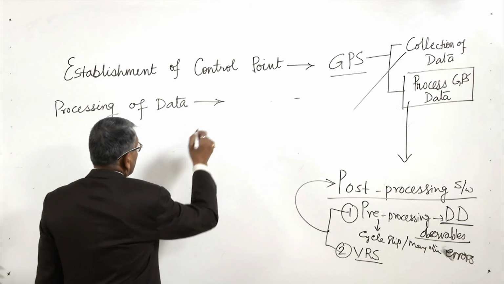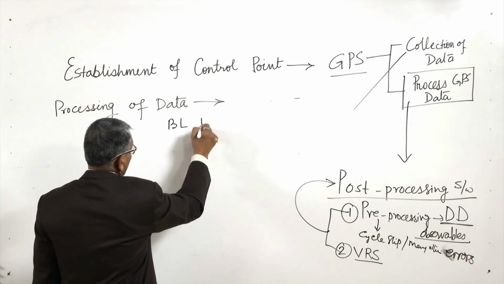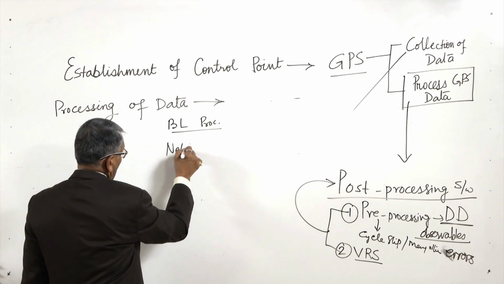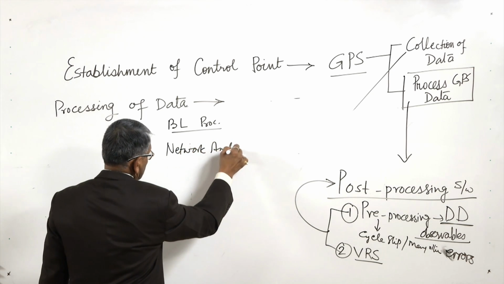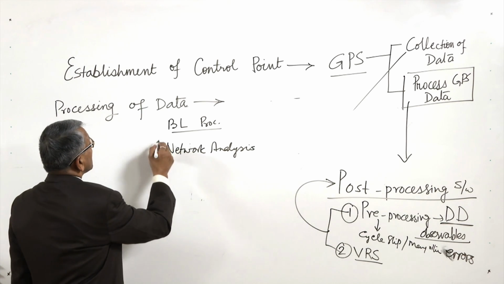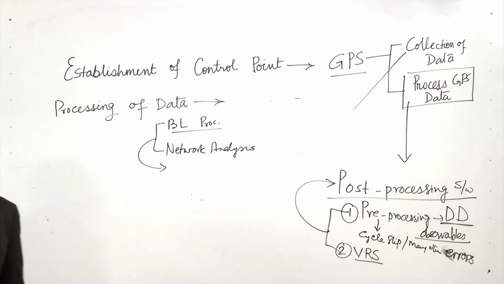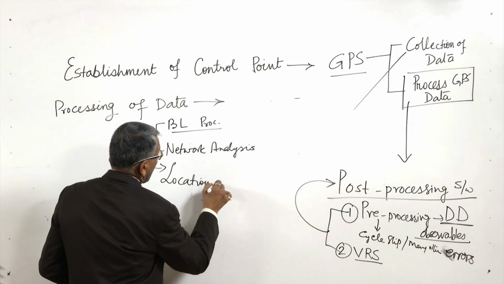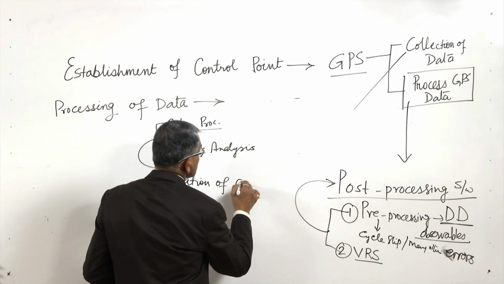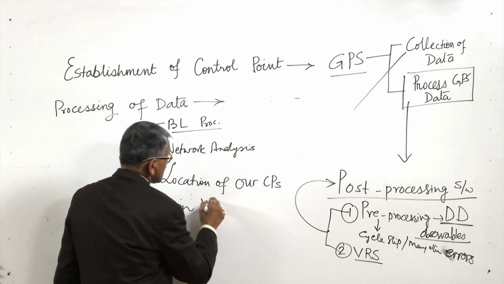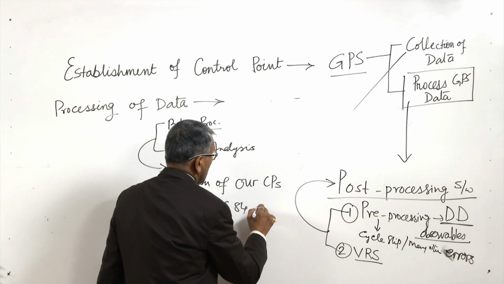In processing the data, first we should go for baseline processing and then network analysis. After doing this we will have the location of our control points in the WGS 84 system.